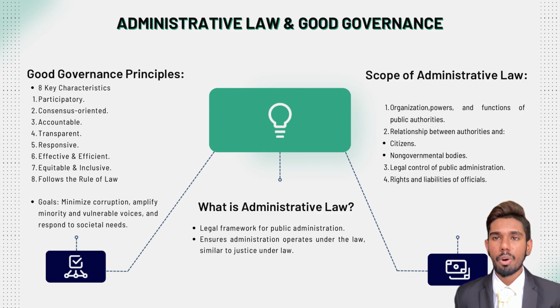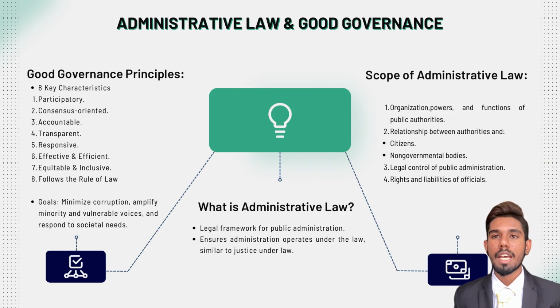The English courts have strived to uphold good governance. Good governance relates to the processes of decision-making and implementation. Rather than merely making correct decisions, good governance explores the best possible process for making those decisions.